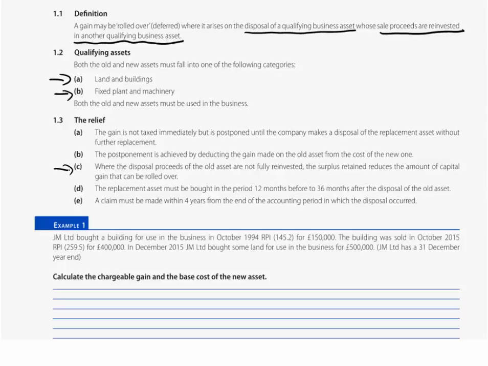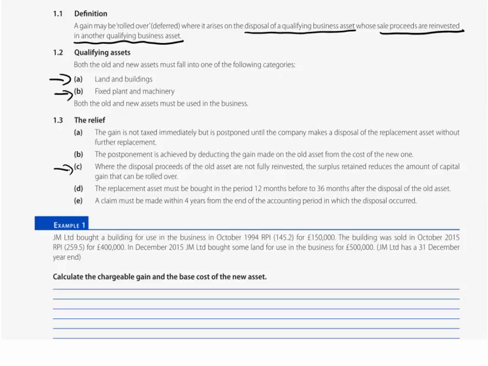But the reality is, sell a qualifying business asset, reinvest proceeds in another qualifying business asset of whatever category, deferral will be available. As long as it's not a depreciating asset that you've invested in, it will be rollover that is available. If it's a depreciating asset, as we've said now 2 or 3 times, then it's still a deferral, but the manner of that deferral is different, and we've referred to that as holdover.